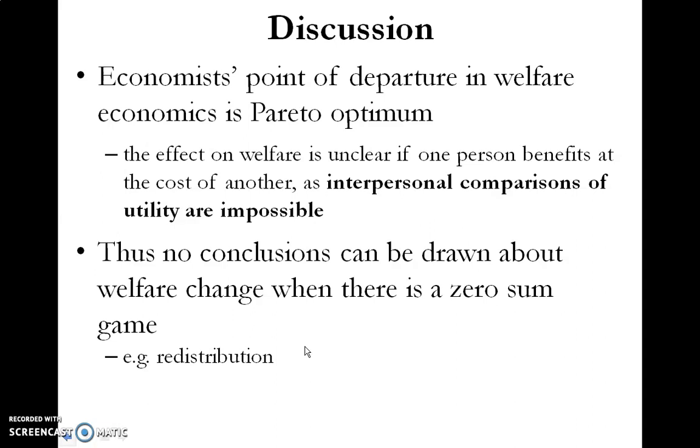And this is because an interpersonal comparison of those two people's utilities is impossible. So basically, no conclusion can be drawn about welfare change when we're dealing with a zero-sum game, when we make the assumption that the pie is just one size. Okay? For those of you who did public economics, you would be very familiar with this.